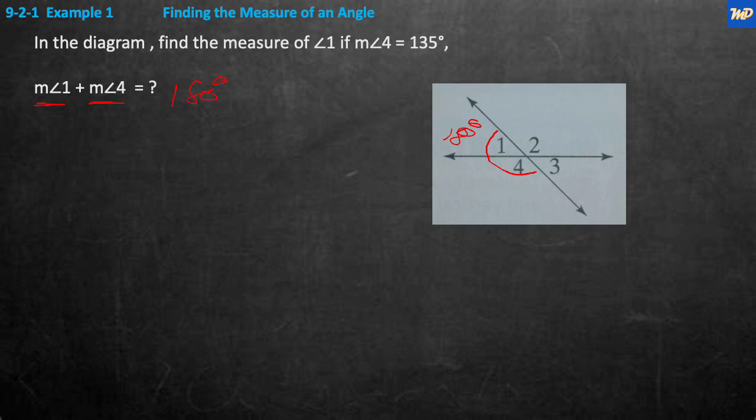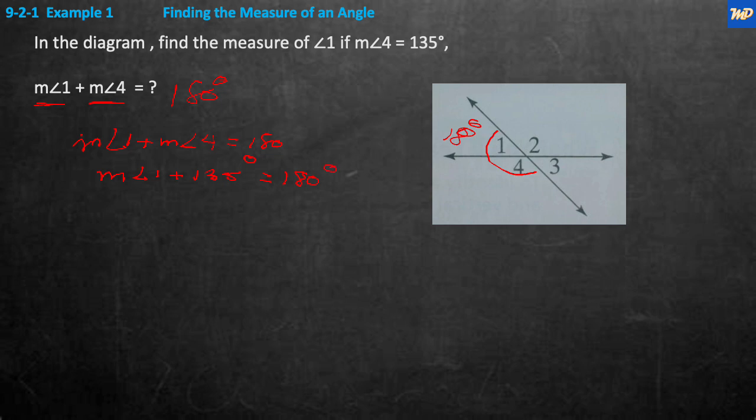So if the sum of the two of them is 180 degrees and angle 4 is 135 degrees, then we can rewrite that. The measure of angle 1 plus the measure of angle 4 is equal to 180 degrees. Then if we replace angle 4 with 135, the measure of angle 1 plus 135 degrees is equal to 180 degrees.